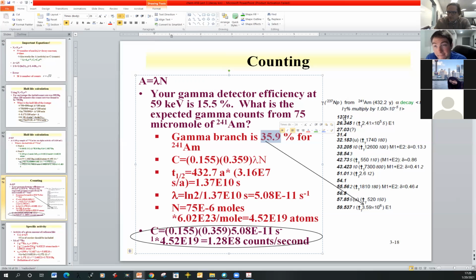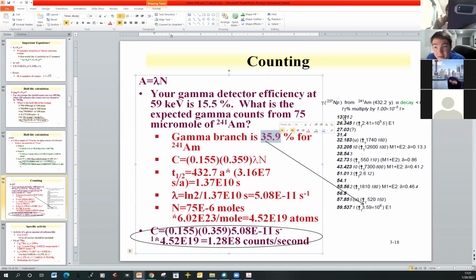I go to americium-241, and it shows me the data. See if you can see it. Yeah. Now what I'm going to look for is the gamma. See where it says gamma efficiency? It's 35.9%.